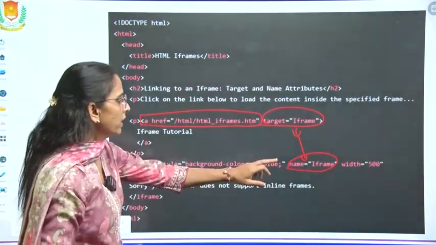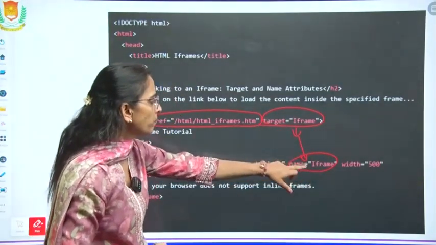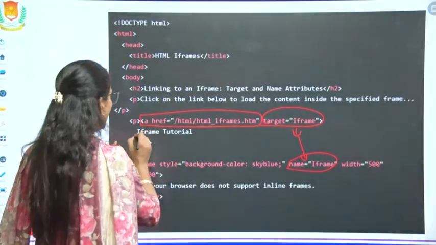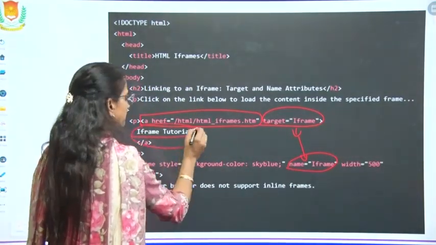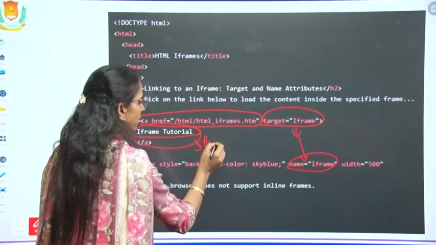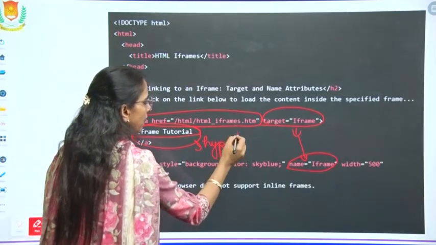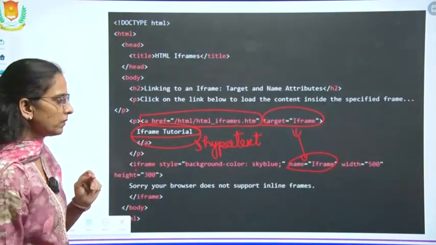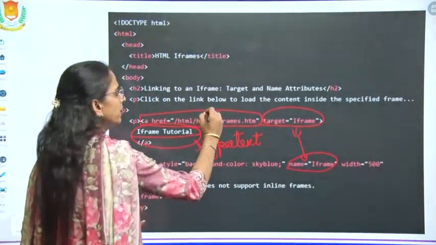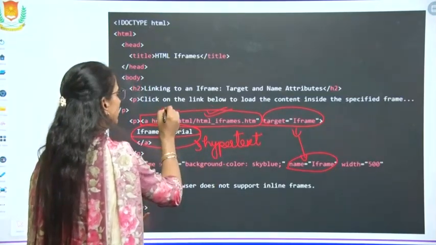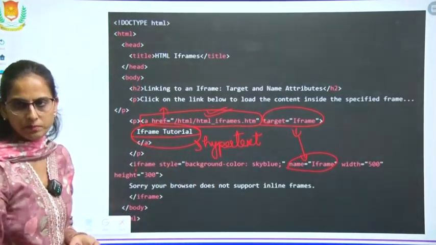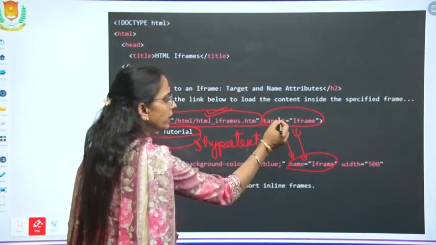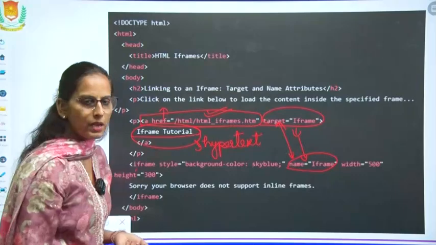So, this frame, which is the target here, will be opened by clicking on the iframe. This is the hypertext. And which document will be opened? The document which is given with the hypertext. You just have to keep in mind these both should always be the same.